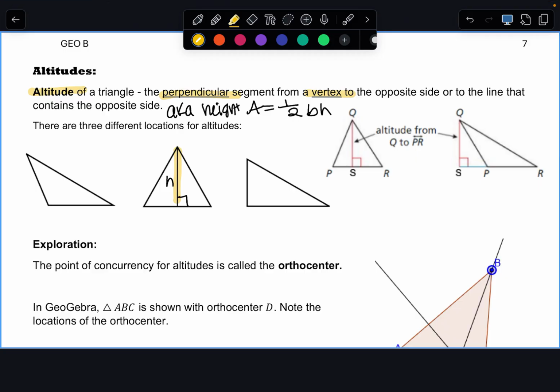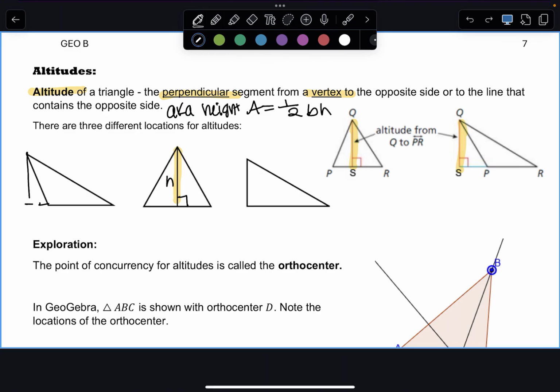Okay? The altitude can look like different things. Like in these two triangles, it's inside the triangle. But for this one, to make a right angle, it had to go outside of the triangle. We had to essentially extend this side over here so we could draw that right angle to connect it.